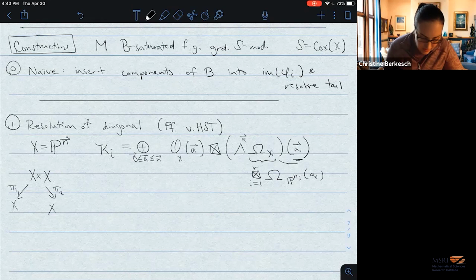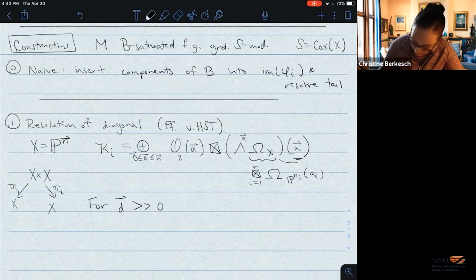Okay, and then what I want to do is take a twist high enough to kill off some higher cohomology of a twist of my module. So I'm going to say for a D that's large enough, we want to consider something that looks like this.